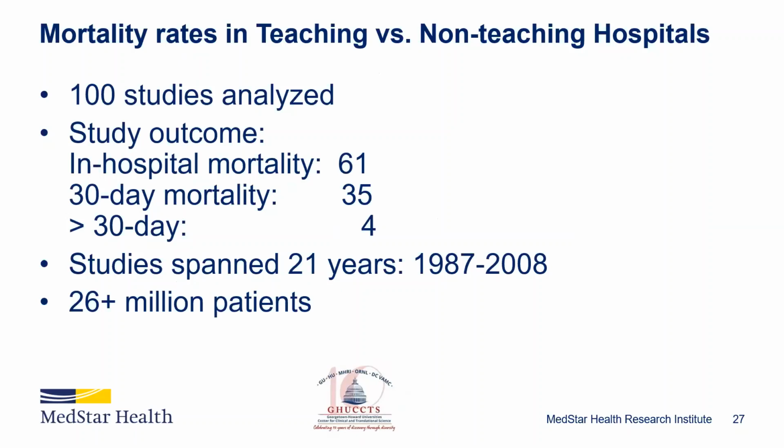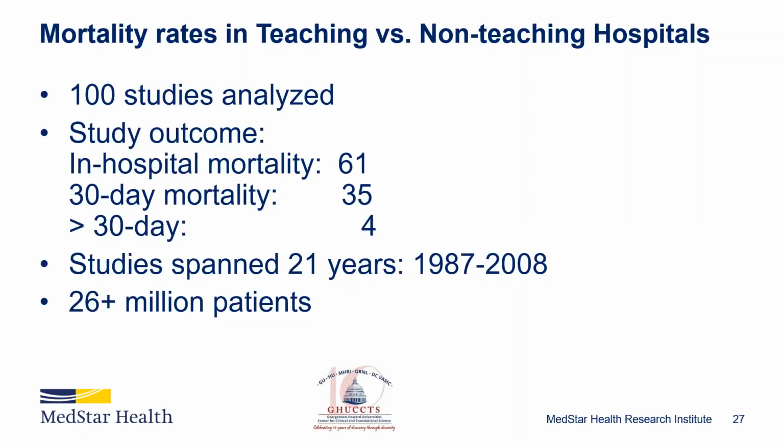However, the study outcome, mortality, was defined differently in studies. So 61 of them focused on in-hospital mortality, 35 on 30-day mortality, that is 30 days post-discharge from the hospital, and then 4 of them looked at greater than 30 days.